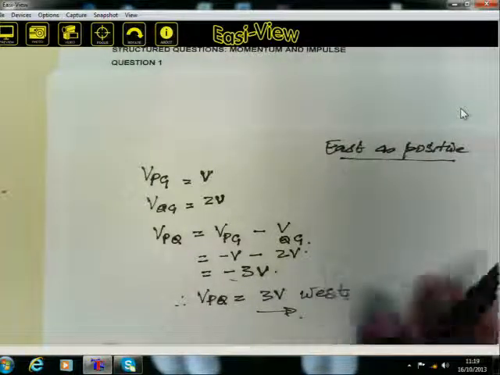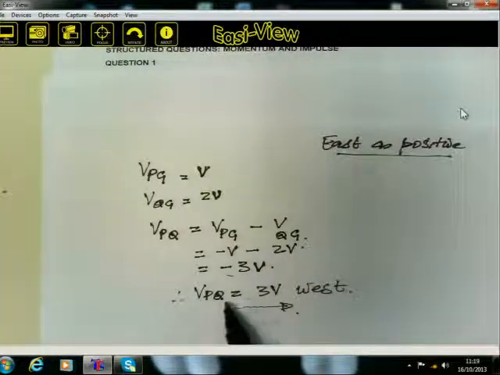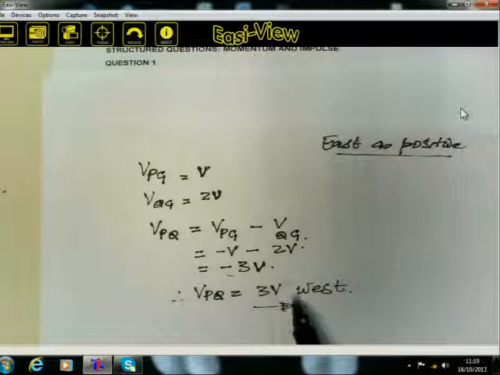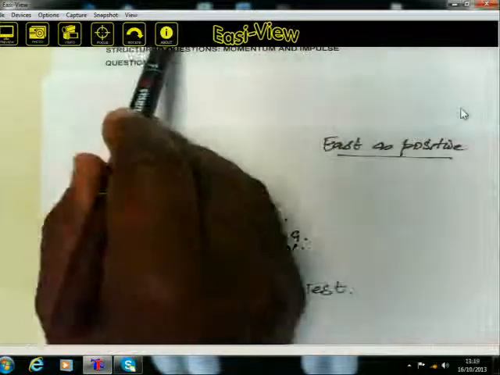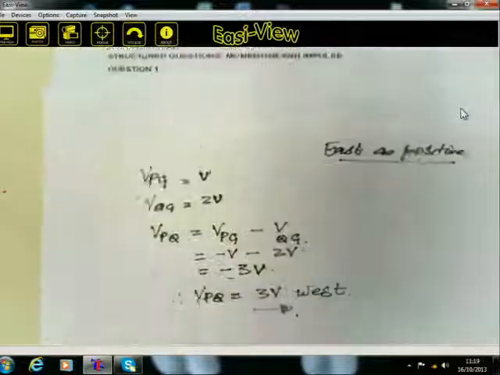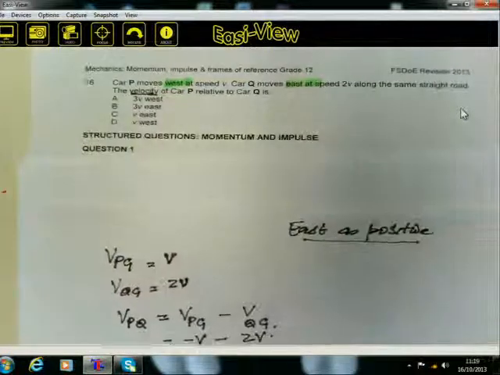So what do we do? This V PQ is equal to negative 3v. That means it's moving west. So our answer there will be 3v in the direction west.